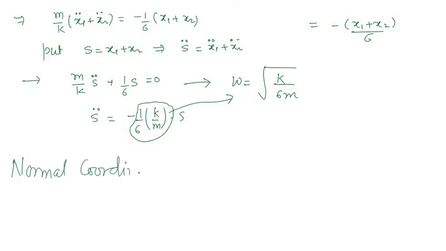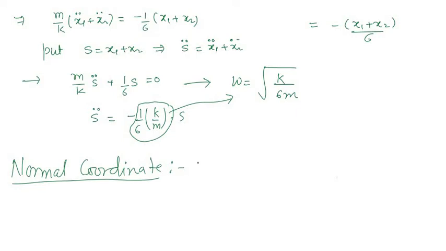When you will study the Lagrangian and Hamiltonian dynamics, or that equation of motion where we will be dealing with total energy and kinetic energy and potential energy, and you will find the equation of motion from there. So these terms come from there, the normal coordinate.